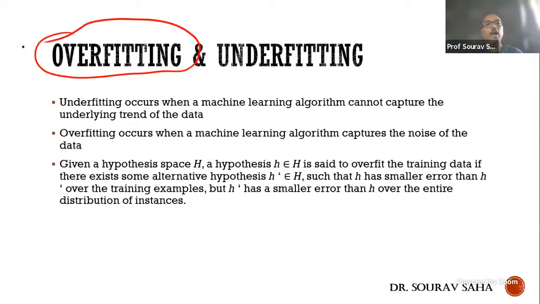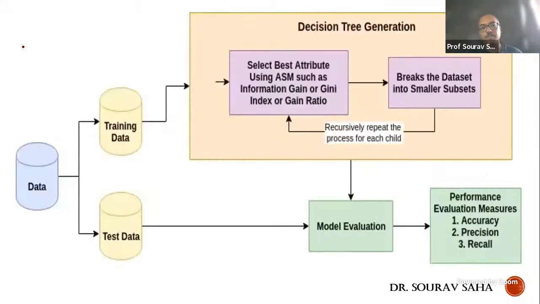I hope everyone understood what overfitting and underfitting are. And typically in a decision tree, overfitting is a big problem you probably need to solve. So typically, this is how a decision tree model gets created. The data is there, and you split it into a training part and a testing or validation part.